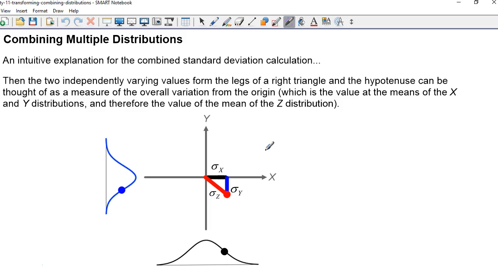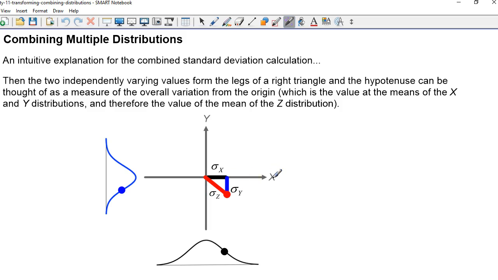Okay, then the two independently varying values, they would form the legs of a right triangle, and the hypotenuse could be thought of as a measure of the overall variation from the origin, right? But the origin would be where the means are, including the mean of the z distribution. So that could be thought of as a representation. That hypotenuse length is the representation of the amount of variation of the combined z distribution.